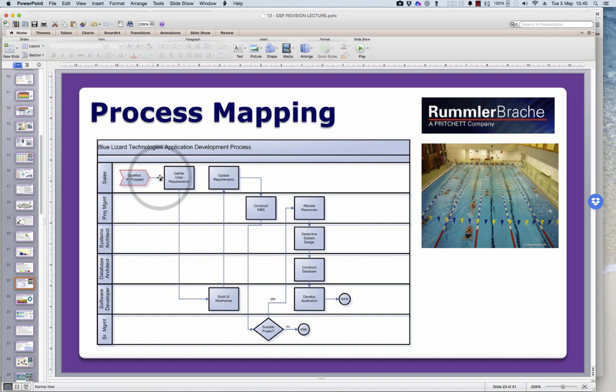So we're gathering initial requirements, we're building a wireframe model in this case, we're updating the requirements based on what we've learnt, construct a work breakdown structure for the project. Is it a suitable project? Yes. Then allocate the resources, do these various stages. If not, stop. So it's a tried and tested way of planning out a project through working out what processes are going to be done by what actors in a graphical format.